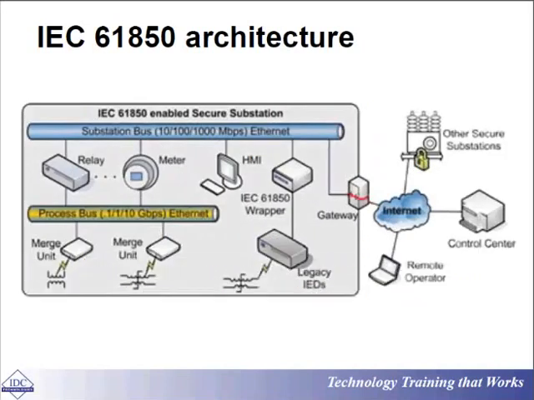The 61850 architecture is something like this. It is using LAN, like Ethernet, with different megabytes per second. It is using HMI, meters, relays, everything, but at the end of the day, we have got IEDs to be connected.